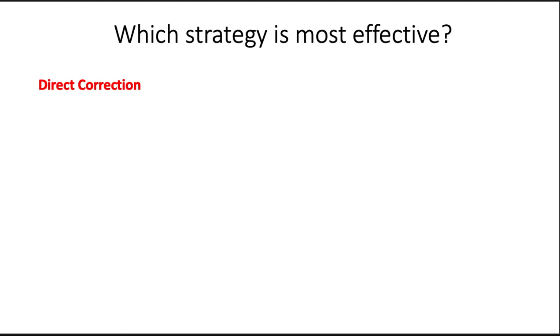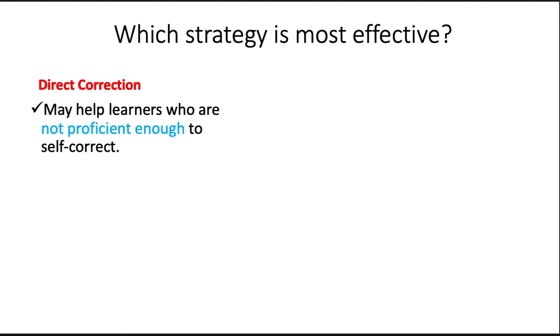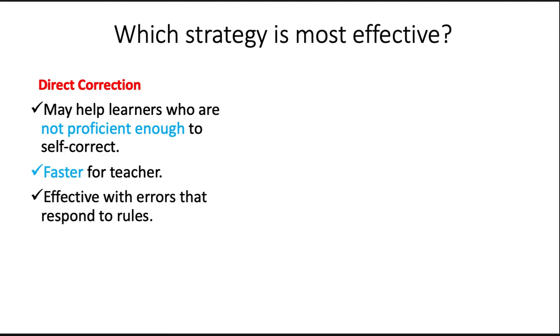Direct correction may help learners who are not proficient enough to self-correct. In other words, most of your students, if they're making the mistake, probably don't realize it's a mistake in the first place. They also may not know what the correct form is. It's also faster for you to just write the correct form for them.